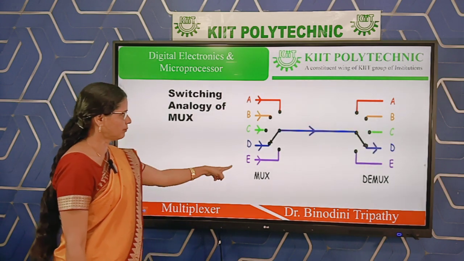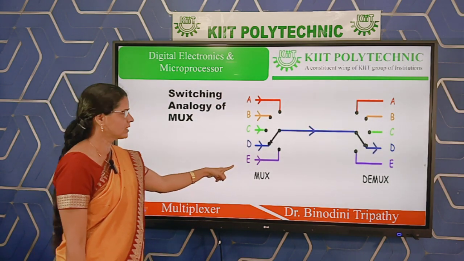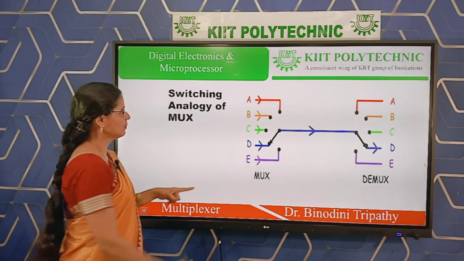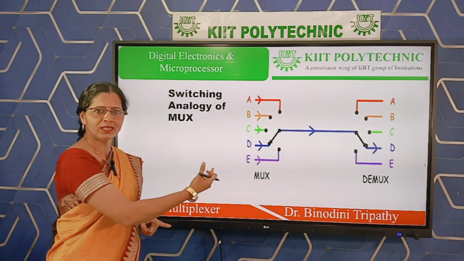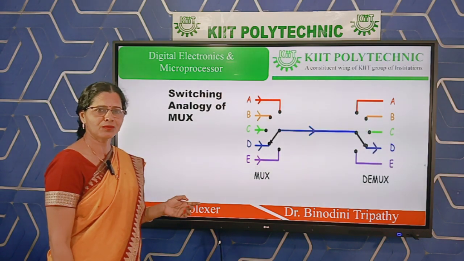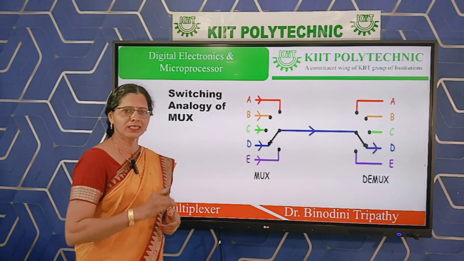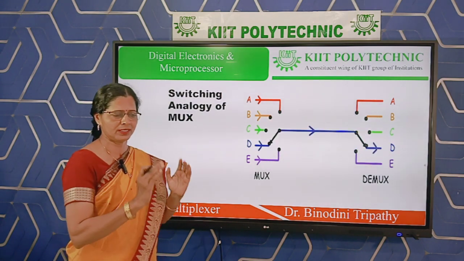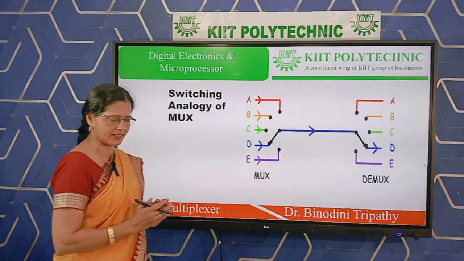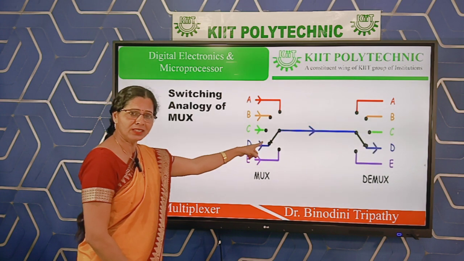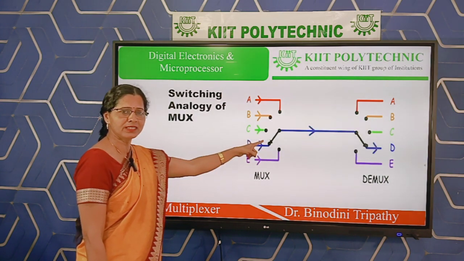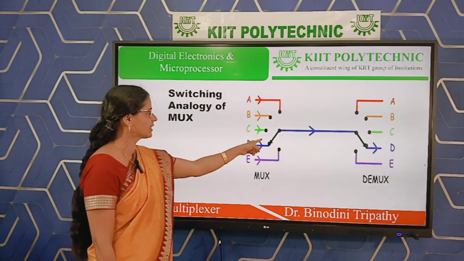Suppose you have 5 inputs. Here the inputs are considered A, B, C, D. The multiplexer is here. This multiplexer is electrically equivalent to a switch. In digital electronics it is an IC containing some logic gates, or we implement the circuit using logic gates. But the working principle inside the MUX is just like an electrical switch.